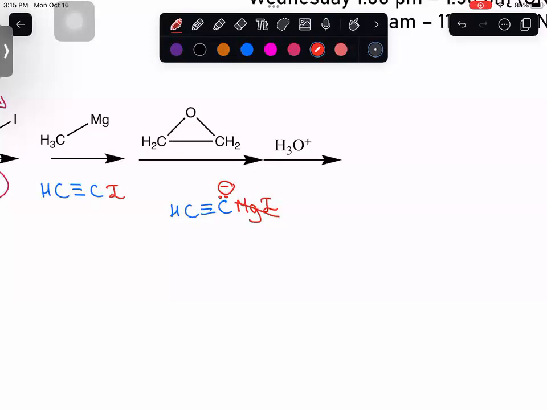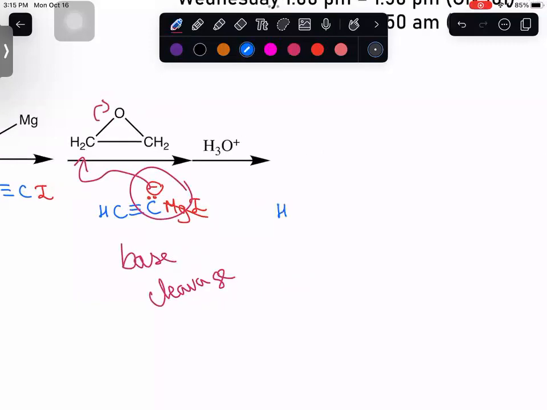Acid cleavage? We see a negative charge in this case. This is going to be your base cleavage. So same process. I just attack either of those carbons because it's equally substituted. And I just connect it over here.